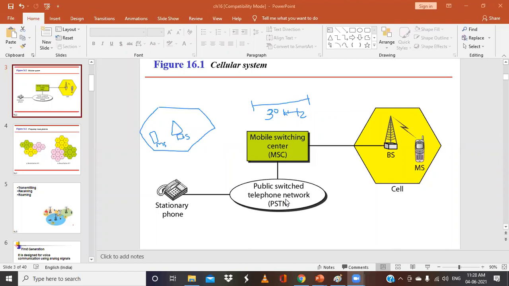The PSTN is a computerized automated system, and it will check whether the person whom we have called is available or not. If available, it will send a signal saying that yes, that party is available. Then that information will be sent to the base station, and the mobile switching center will provide a free channel to the base station so that both parties can communicate. So this is what basically happens in case of transmission.